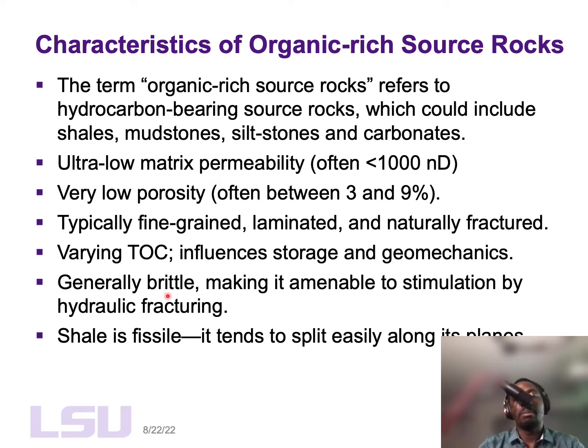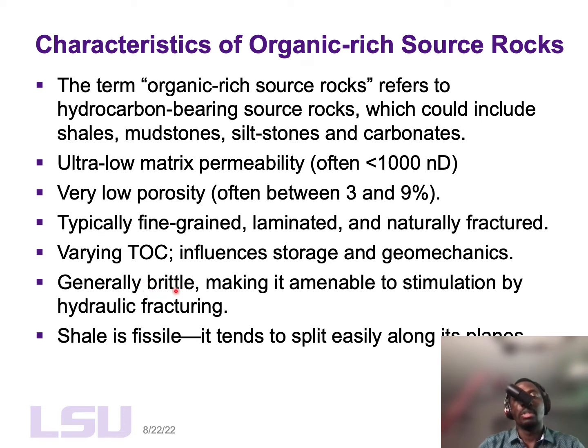They are generally brittle, which is related to these TOC. When you have low TOCs, typically less than 12 like we have in most of the commercially produced shales, the rock is usually brittle. And that is why it's easy to fracture them. And that is key to producing these shale resource commercially.